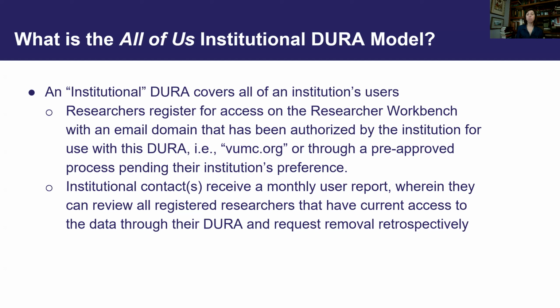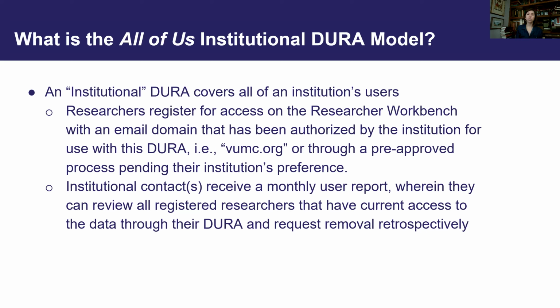So the default way that an institution tells the program that they're going to take responsibility for their users' actions is by saying, I'm going to allow you to affiliate anyone with my institution's research email domain. So this could be something like @umc.org. That's the default, and that's the one that we see most often used.